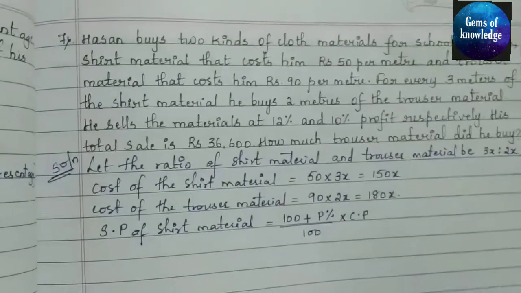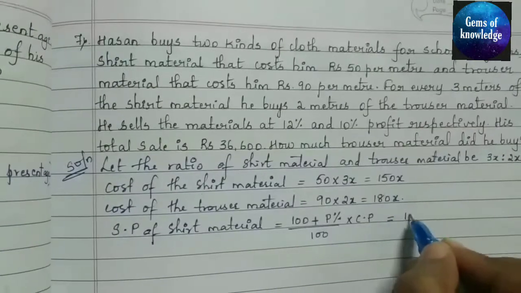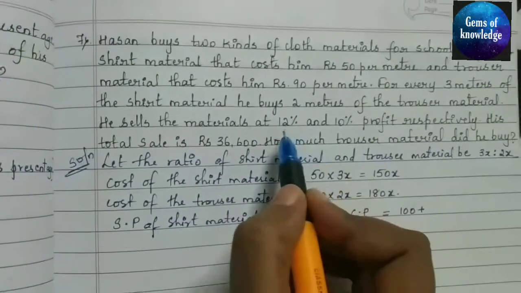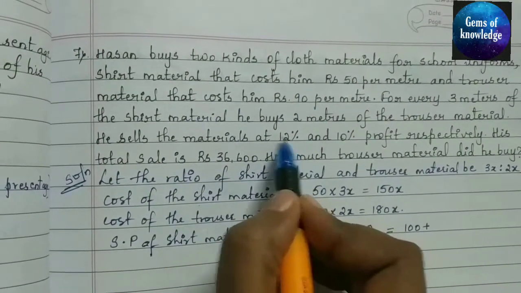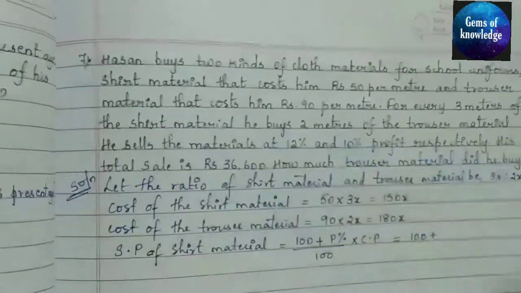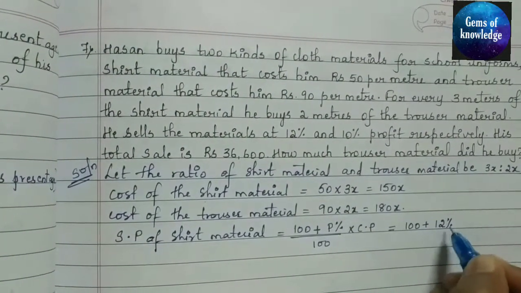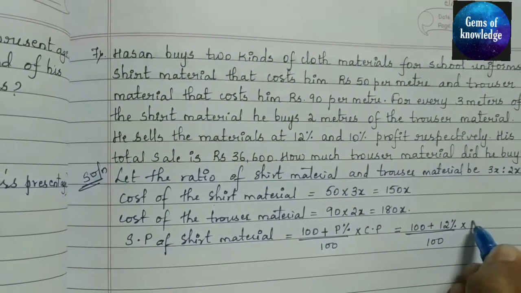This is the formula to find the selling price. Let us substitute the value here. 100 will be as it is plus profit percent. Here for the shirt material you can see 12% is the profit. So 12 divided by 100 into cost price.